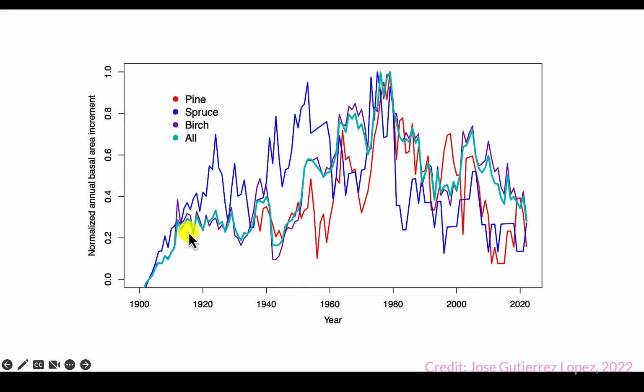Here we can tell that all species go up, but sometimes they go down, and sometimes they contradict each other. Like for example here between pine and spruce, they went in opposite directions during drought. And yeah, I need to make sure that's okay.